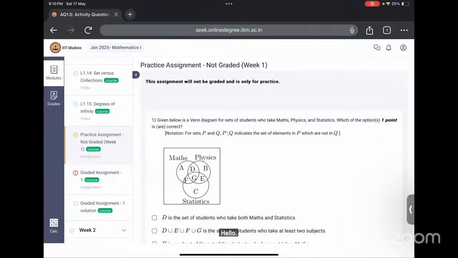Hello, ma'am. I need your help. How to understand this function and relation? I'm stuck with it. I don't know how to understand this.